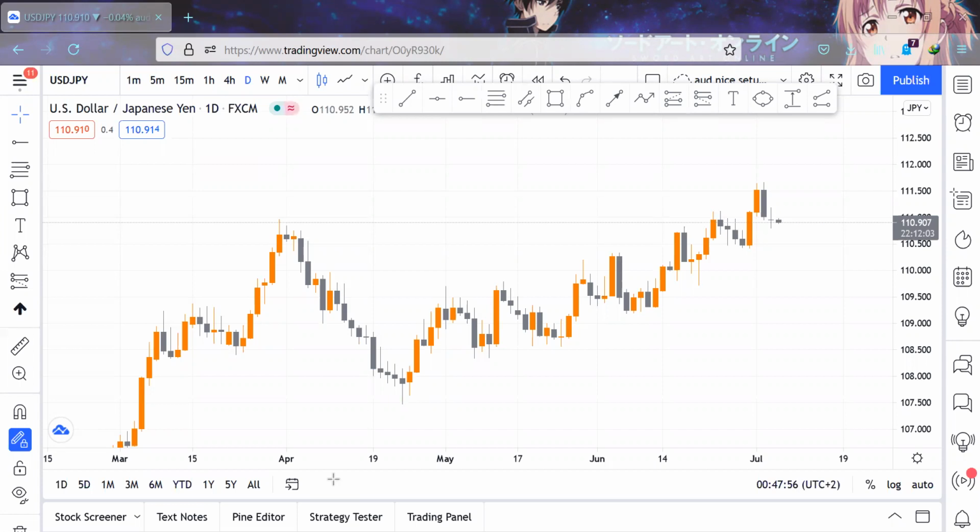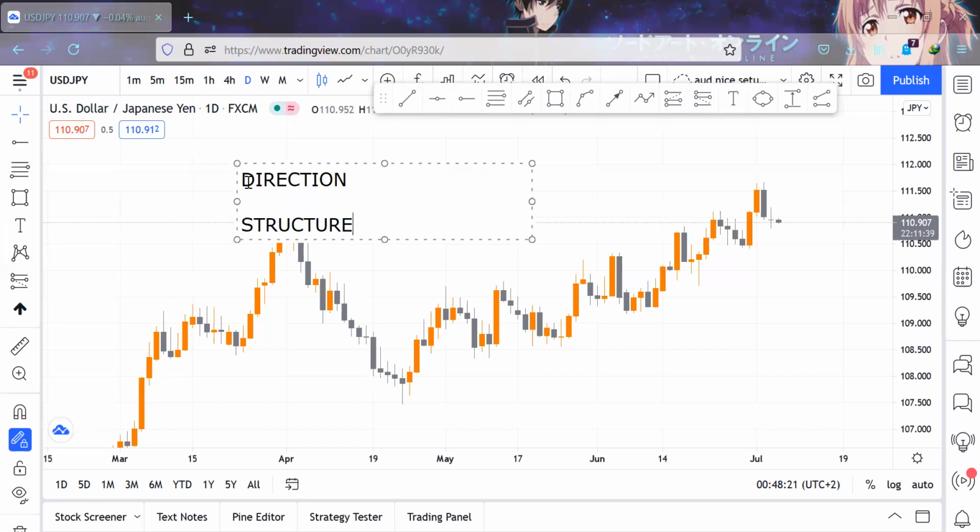Now, when using multiple timeframes, you need to have 3 timeframes, right? The first timeframe will be for direction, and the second one will be structure. Me just saying direction and structure doesn't mean that on the first timeframe we are not going to be using structure.